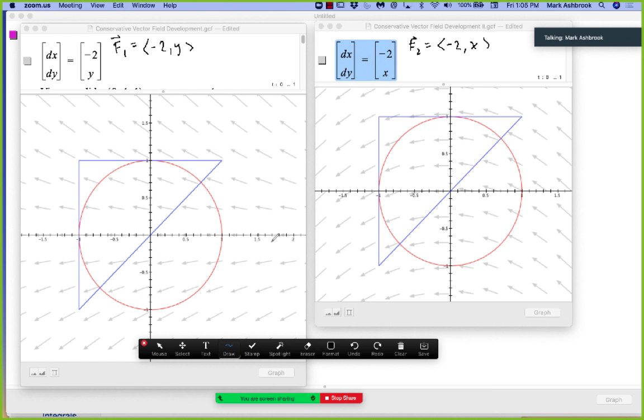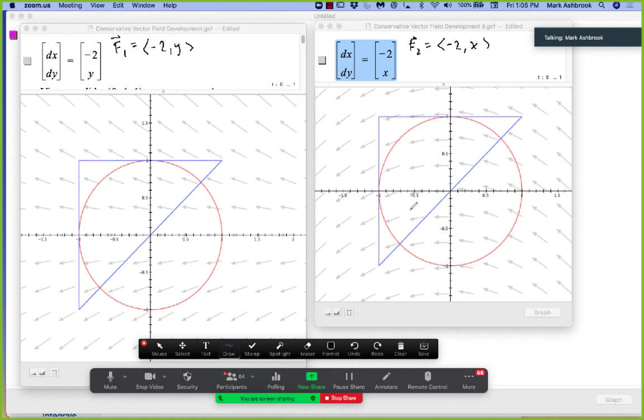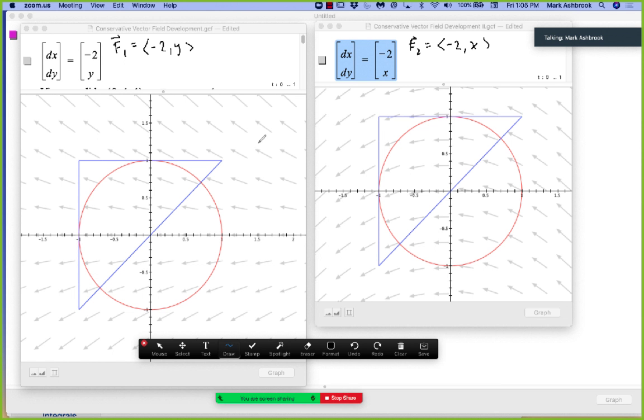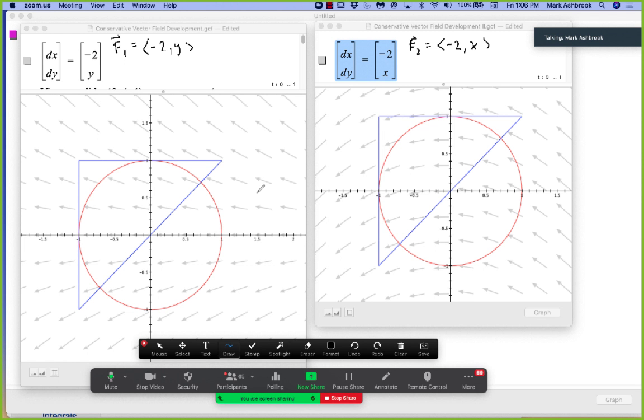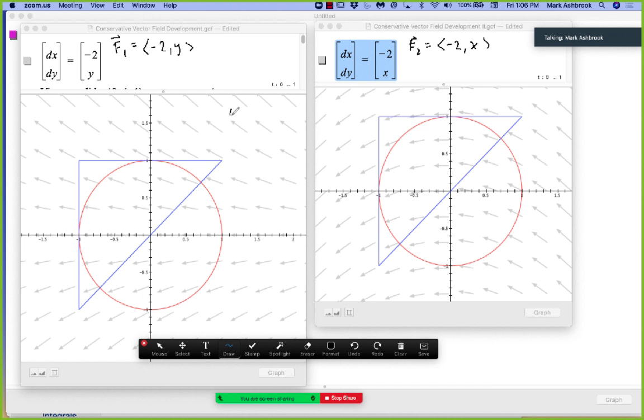And then we're going to take the same two paths in those vector fields and compute the line integral. So these are special paths because they make a loop. They're a circuit or a loop. So wherever you start, you go around the circuit and then you end up where you started. And so that's called a circulation line integral.